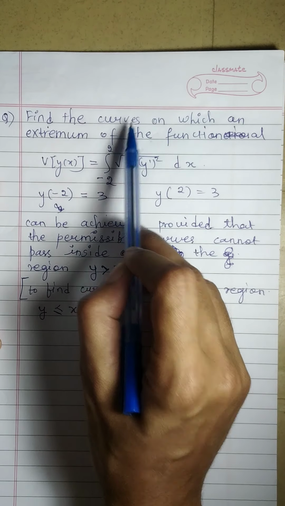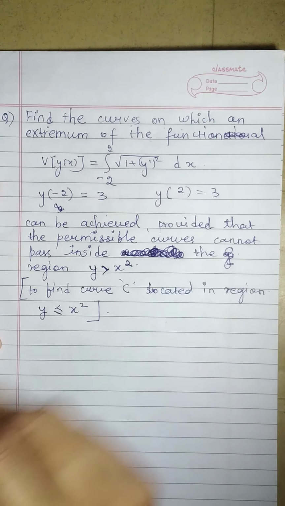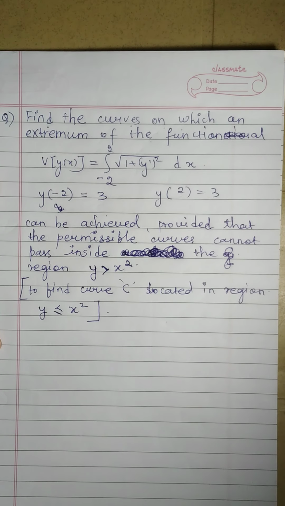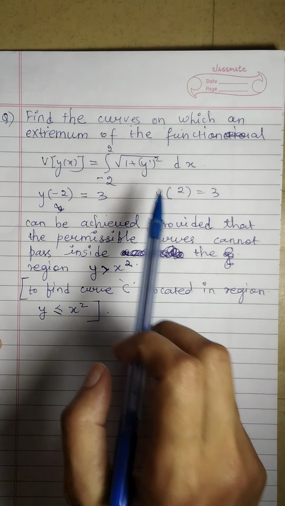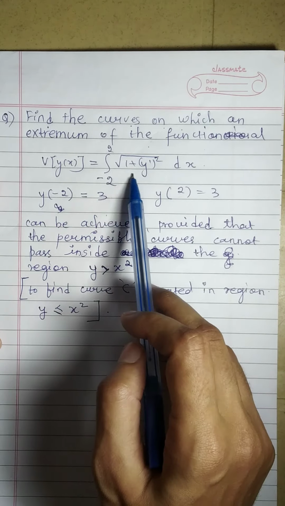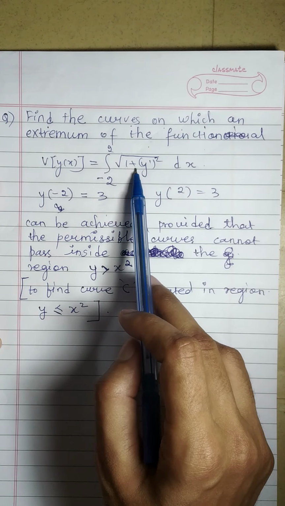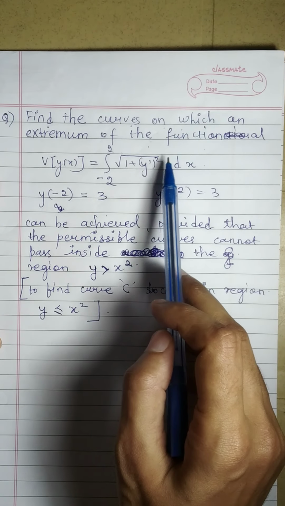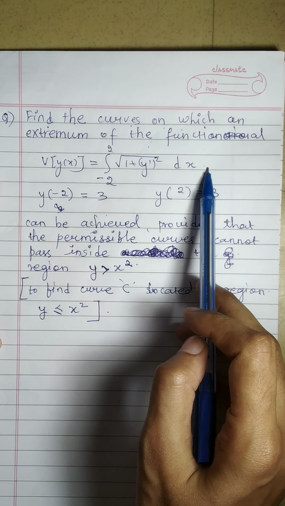Find the curves on which an extremum of the functional v of y of x equal to integral from -2 to 2 of capital F of x, y dash, where the integrand is root of 1 plus y dash the whole square dx.